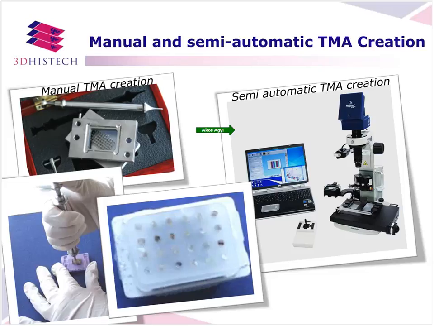These machines have software-aided TMA design and also help the user in positioning, but the actual punching and insertion has to be done manually. You can imagine that with constant need for manual intervention, the semi-automated TMA creation is not quite fast.